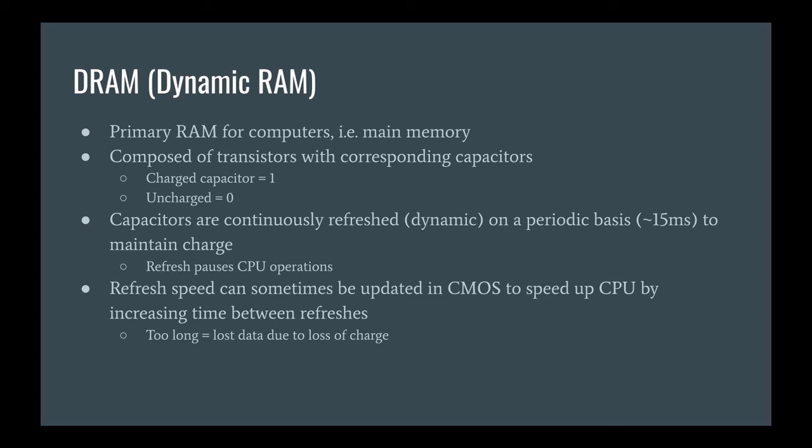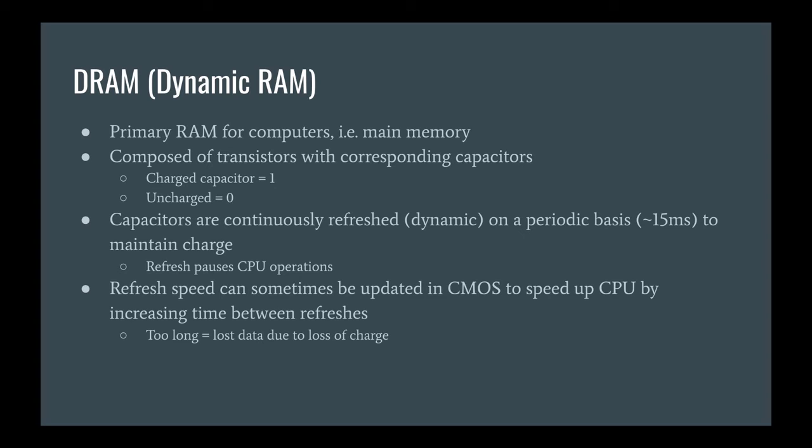You can change the refresh speed in a lot of computer systems by going into the CMOS and changing the configuration. You would want it to be a longer time between refreshes, because that gives the computer more time to do operations before it pauses.